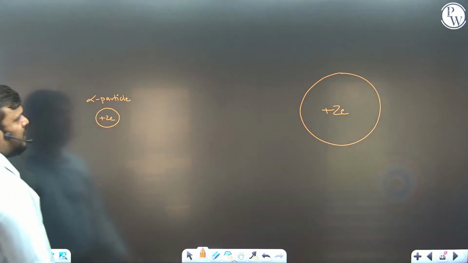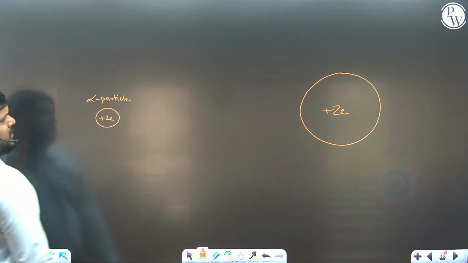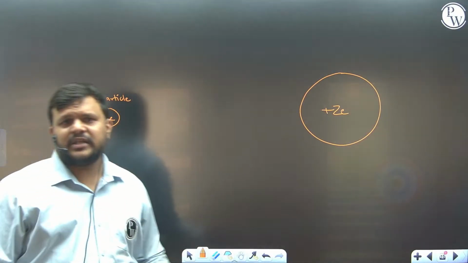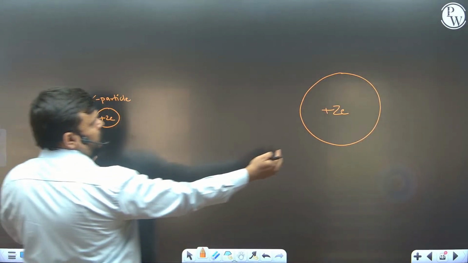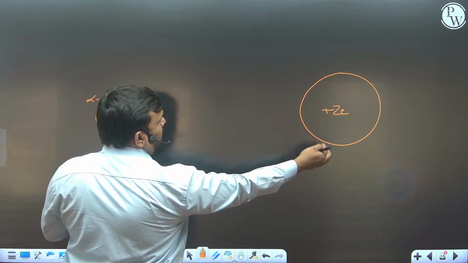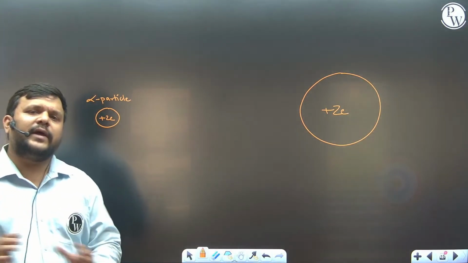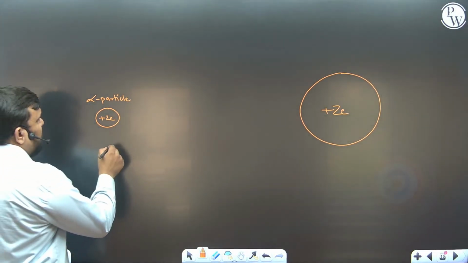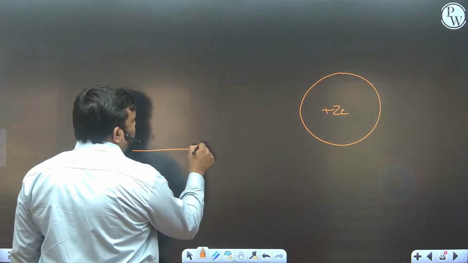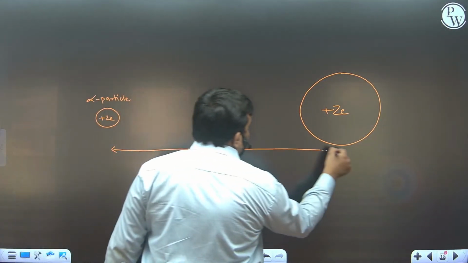So what will happen, dear students? Let us see. See, this distance between the nucleus of the gold atom and this alpha particle, initially it will be a very long distance. So initially, the distance between these two is infinite.